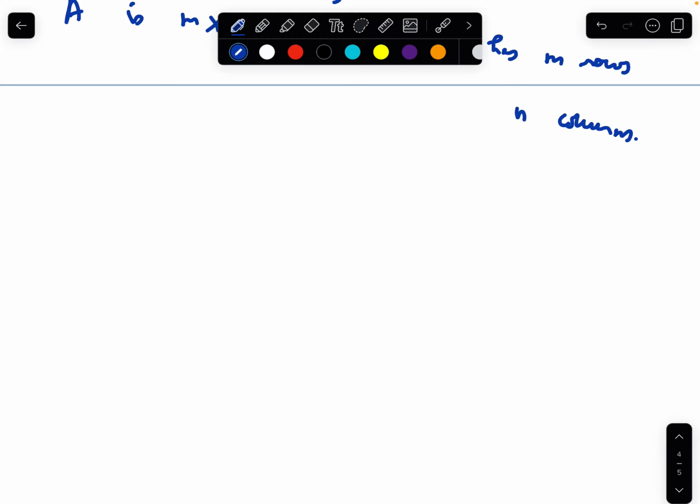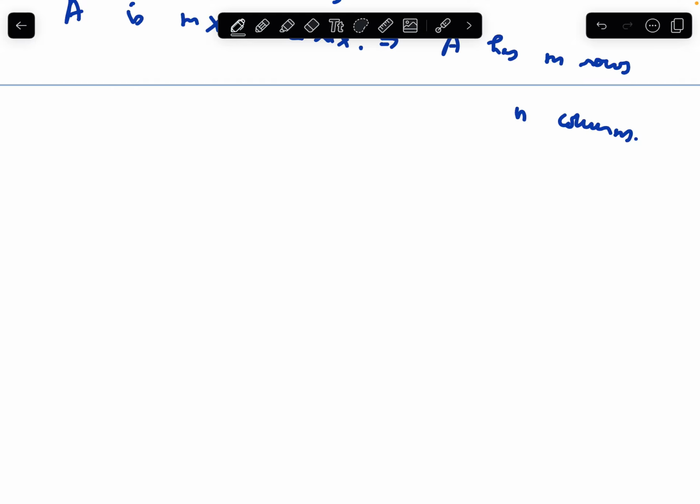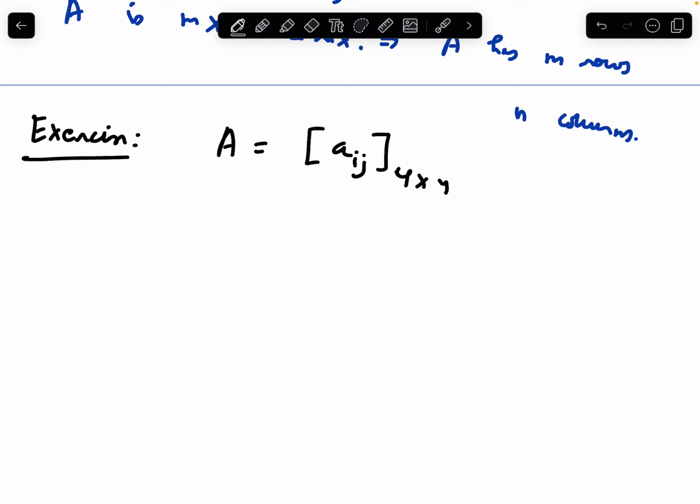Okay, so let's do a quick exercise. Matrix Aij, let's say it is a 4 by 4 matrix, and Aij is given by i plus j.